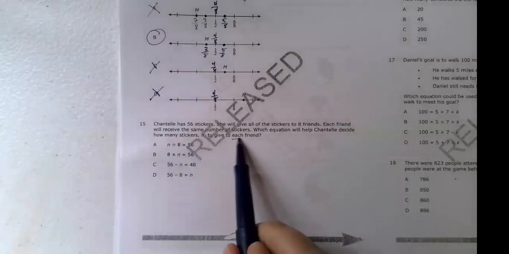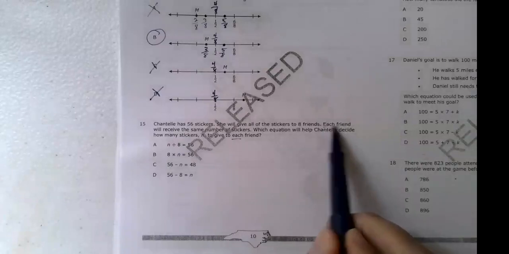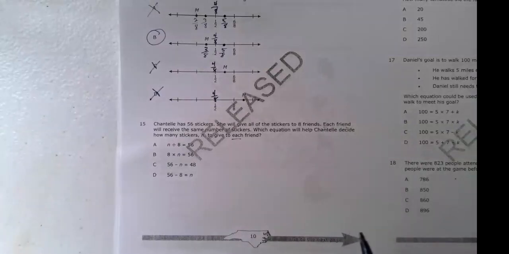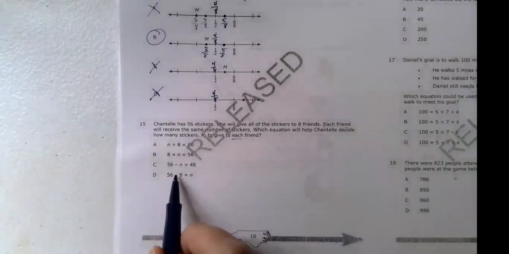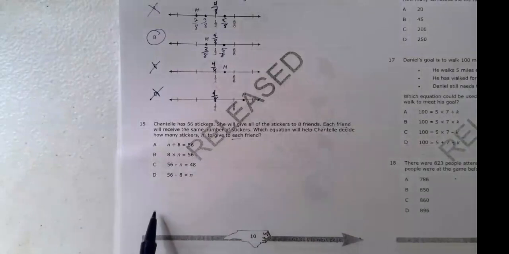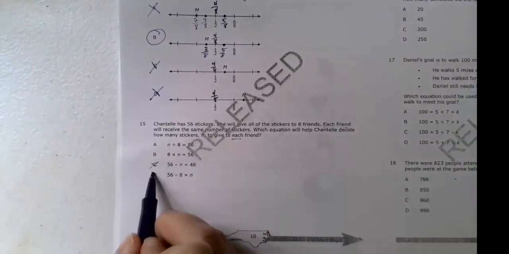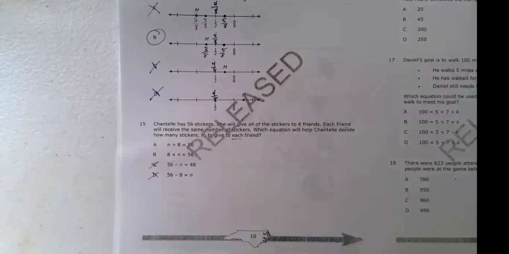Well, when each friend is getting the same number, that forms equal groups. And equal groups are always either multiplication or division. So in this case, C and D are both subtraction problems, which means we are not using equal groups, so we can get rid of C and D.